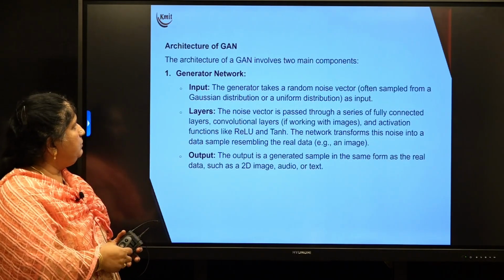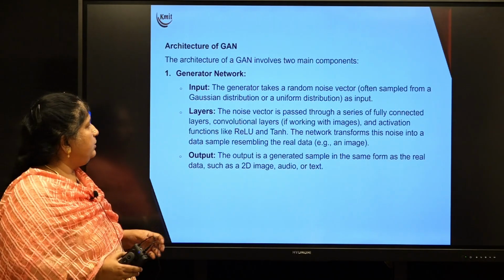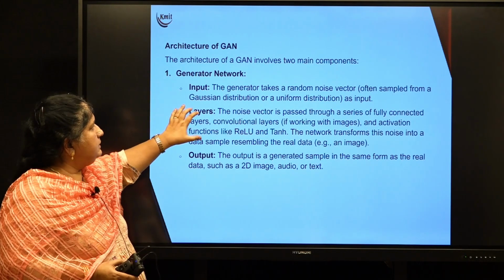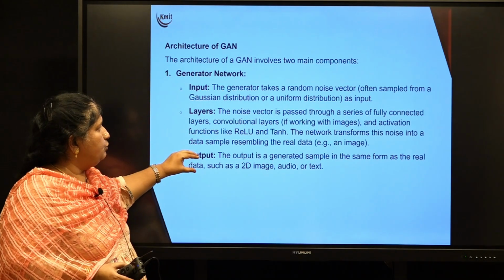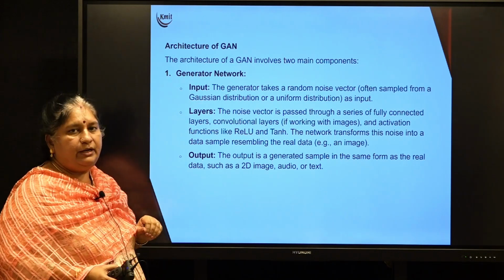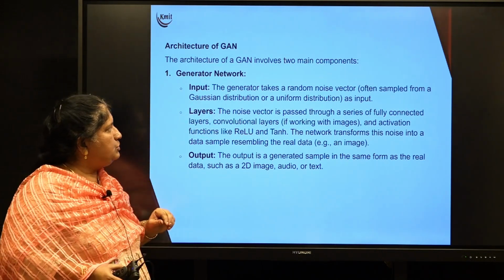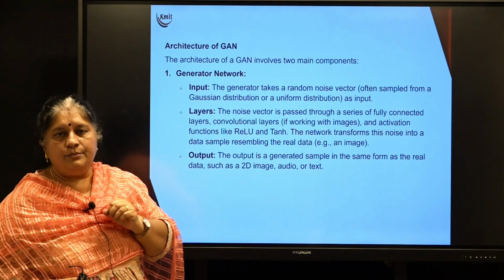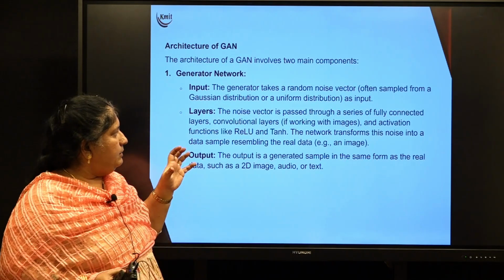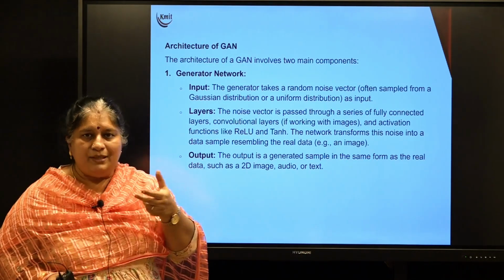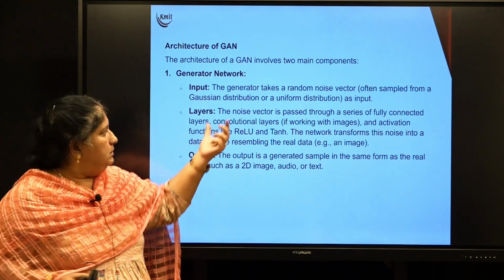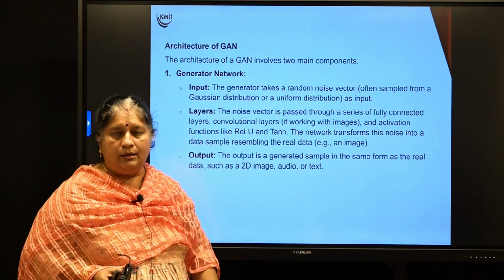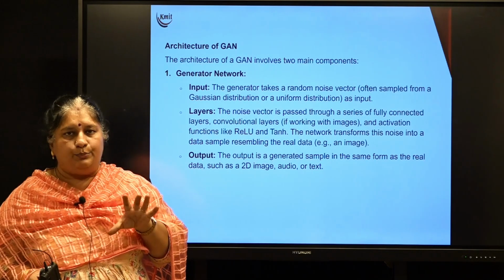So let us quickly look at what exactly the generator network is. It consists of input, layers and output. The generator network takes a random noise vector and samples it, using various sampling techniques, and uses it as its input.